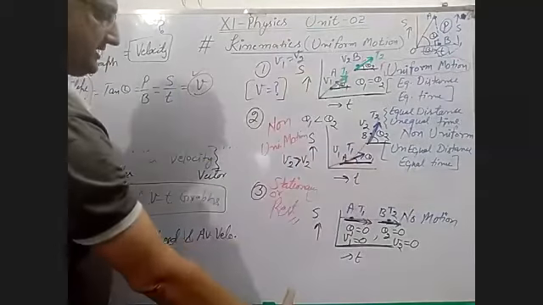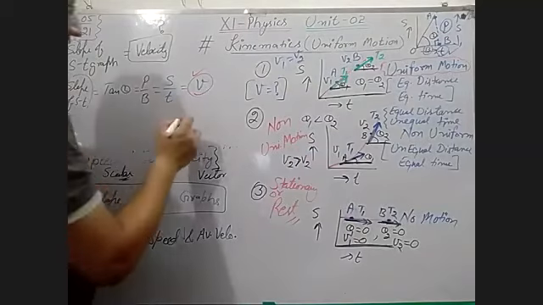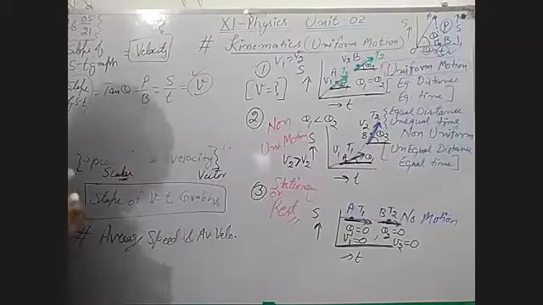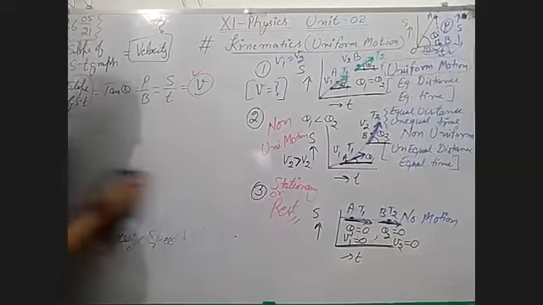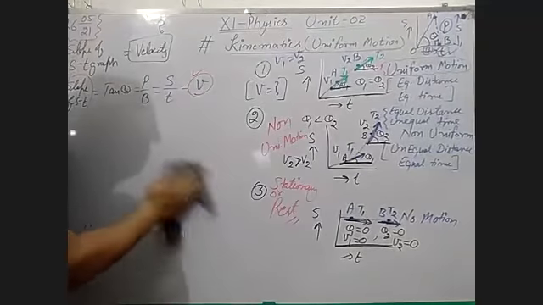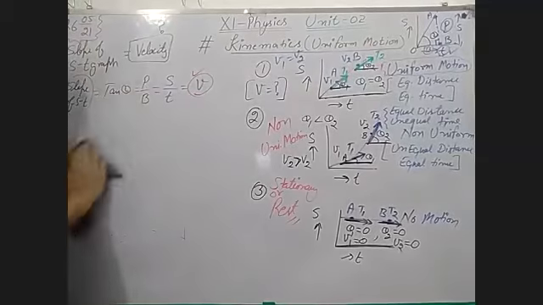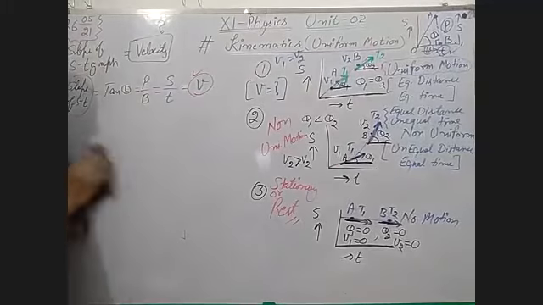In all these cases. Now what is the slope of the VT graph? Can you tell me? If V is on the y-axis and T is on the time axis, then how can you take the slope in this situation?